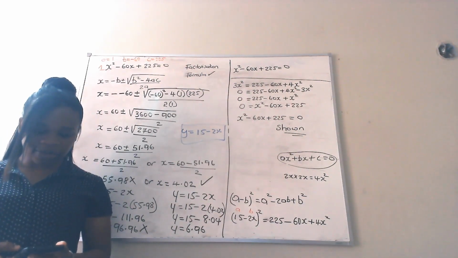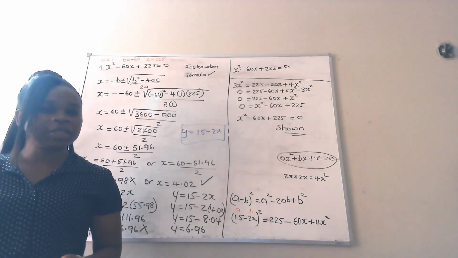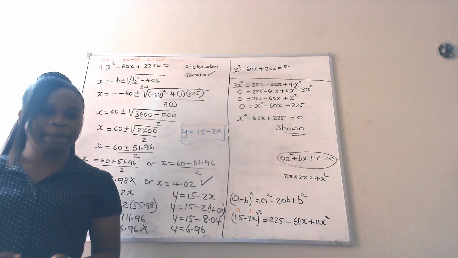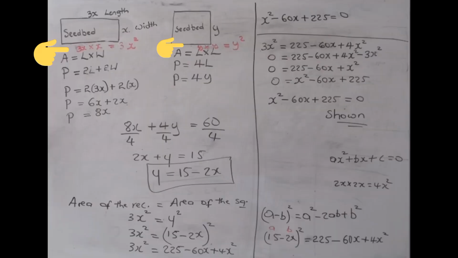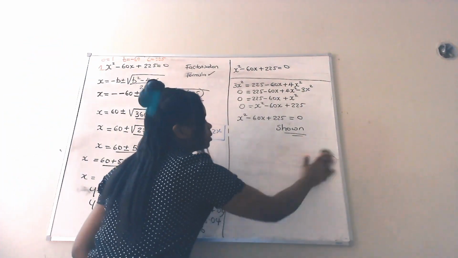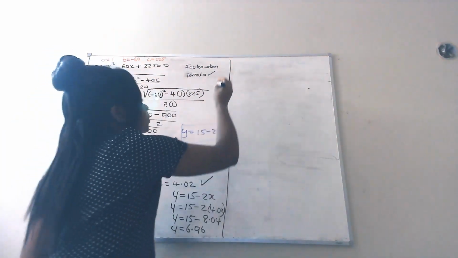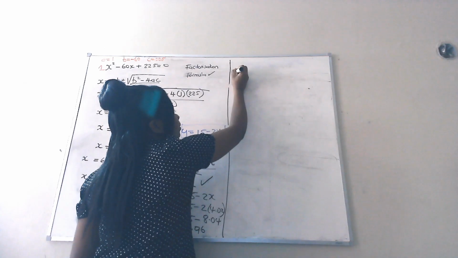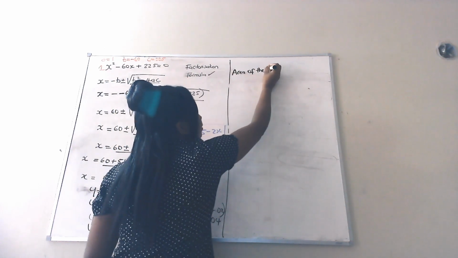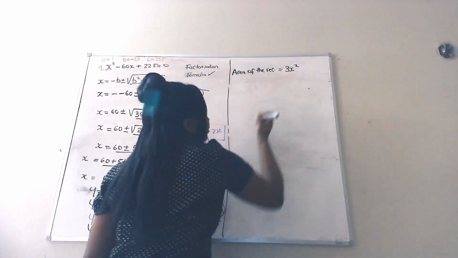Calculate the total area of the 2 seed beds. So we worked out the area of each seed bed earlier in part B. So let's pull that up again, and we're going to write that down. Let's rewrite what we got in part B. The area of the rectangle is equal to 3x squared.